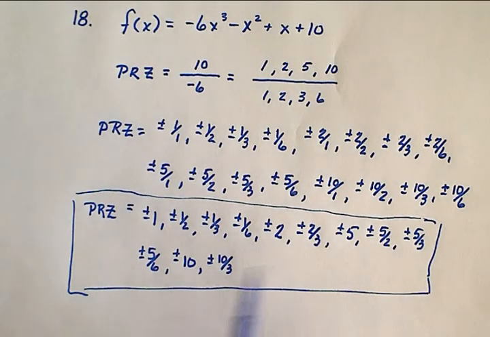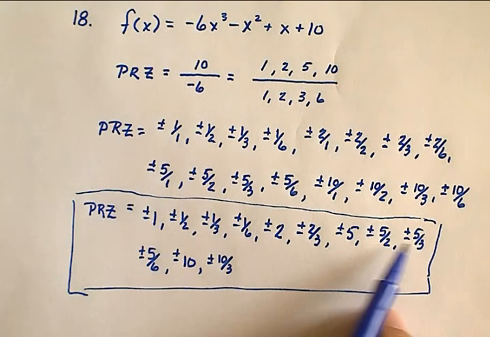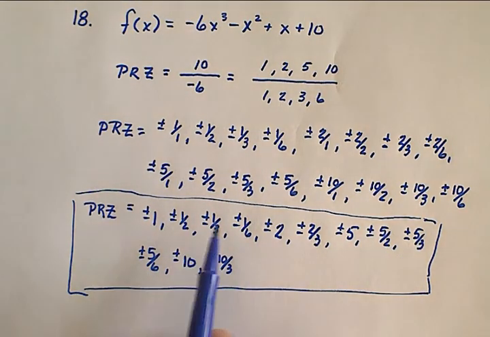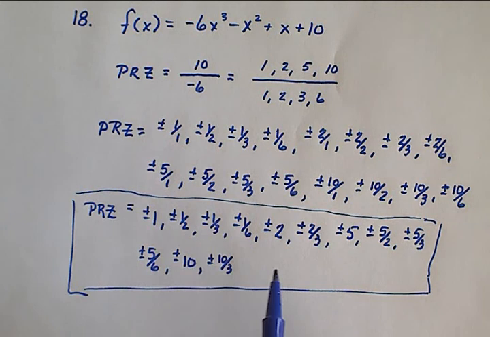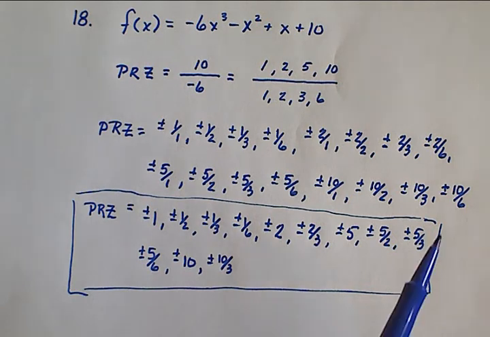Now, again, if you're using Descartes' rule of signs, you might be able to throw out positives or negatives depending upon what it looks like up there. But based on this, I can start plugging them in using synthetic division until I find one that works. And we'll show you that process here in just a minute.